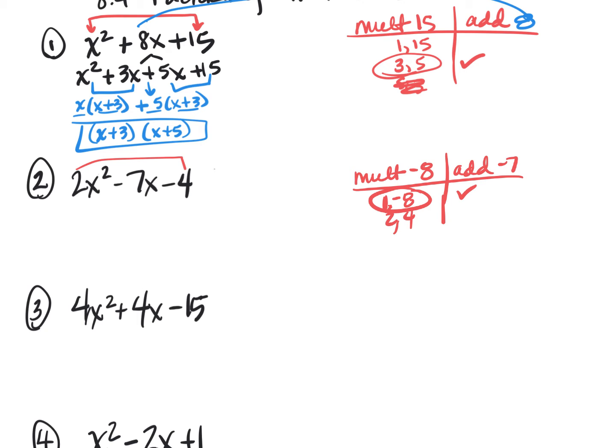So I'm going to bust up that negative 7 and rewrite it. So now I'm going to have 2x squared plus 1x minus 8x minus 4. So I split that up using those factors right here. Now I'm going to do GCF between these first two terms. So I have x times 2x plus 1. Bring the negative down. What's my GCF here?